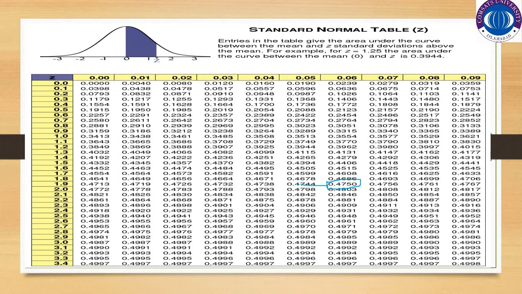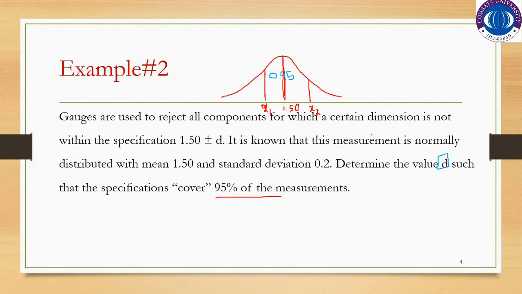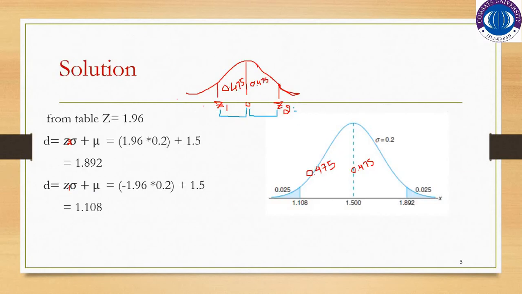We are not using an approximate one here. So going in this way, this is 1.9, and by going in this way, this is 1.96. So the corresponding value of z according to this area, or probability, is 1.96.